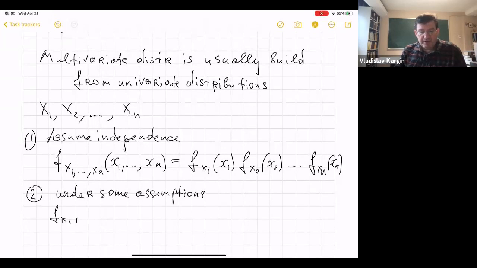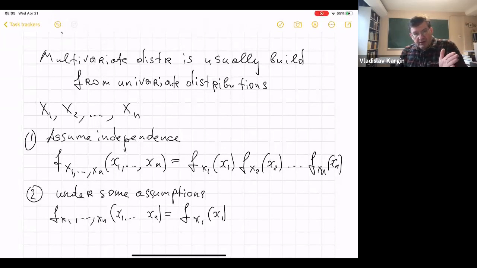So you can write f of x1, ..., xn equal to f of x1, you observe one of them, and after that multiplied by the probability of the second one, given that you know the value of the first one, given x1. So you observe the first one, and in this case you can write the conditional probability for the second one. And after that, you continue this.